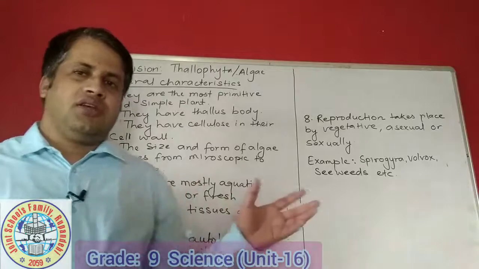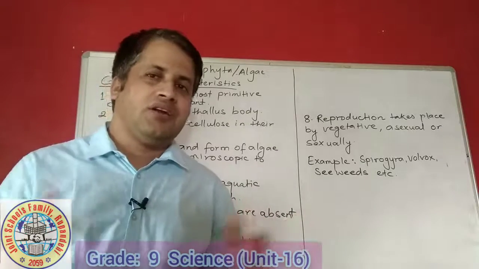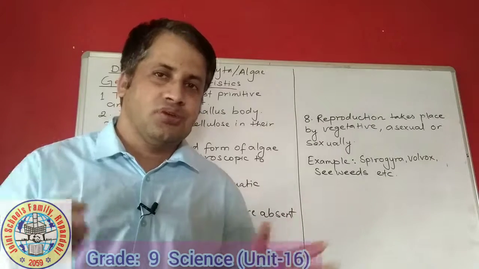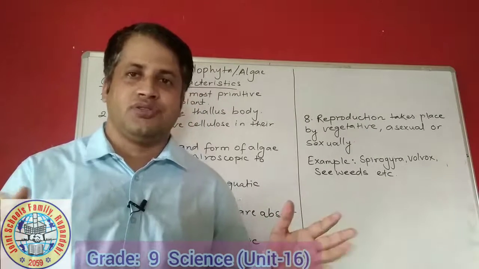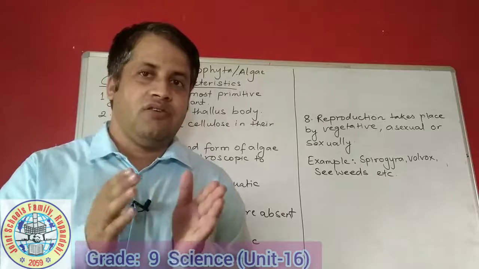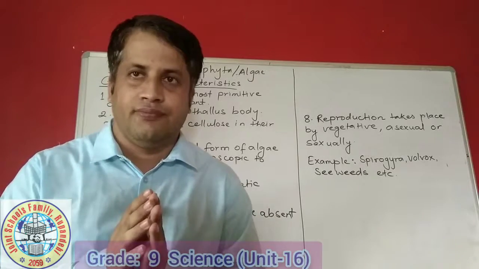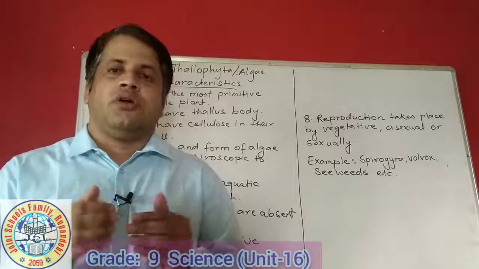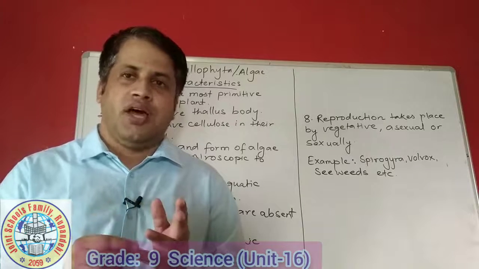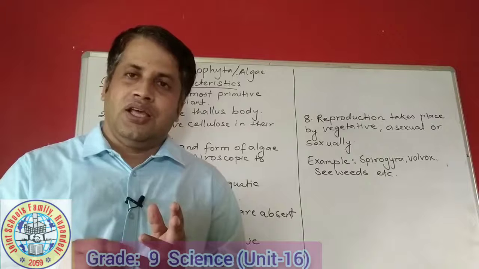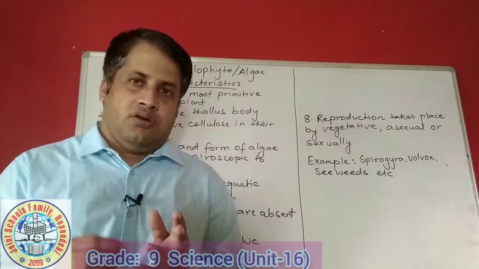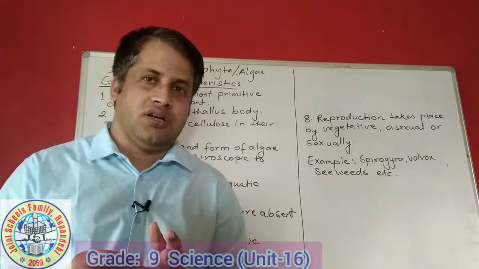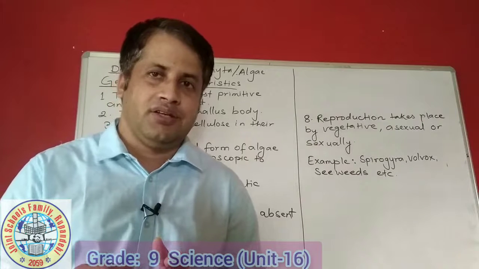When you see the body of Spirogyra, you cannot differentiate which is root, which is shoot and which is leaves. So this is Thallophyta or algae, where the body is not differentiated. We have just discussed that algae have pigments, both green as well as others like brown and red.